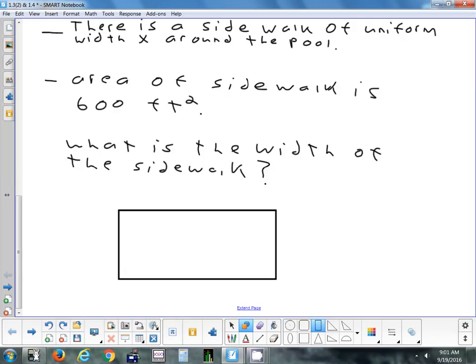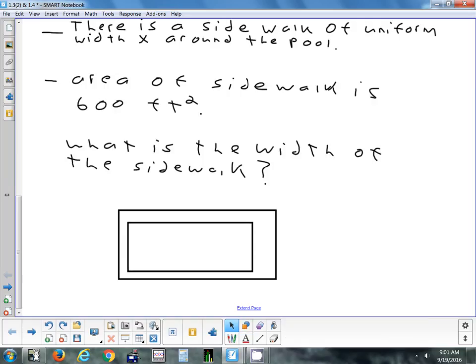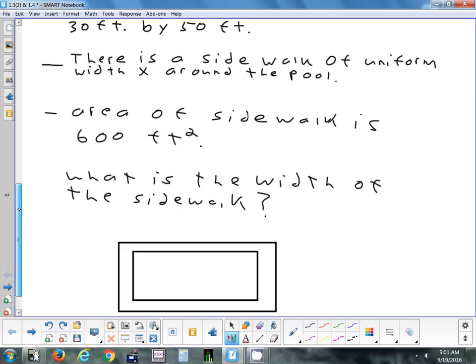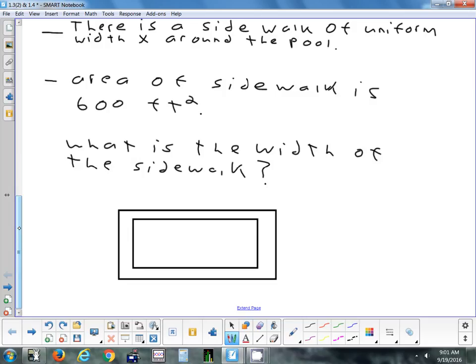All right, so basically it's going to be a rectangle within a rectangle. Okay, so I got my pool. I got a sidewalk around the pool. What did they say the width of the sidewalk was? 600. X. Yeah, I don't know the width. Okay, so this is x.